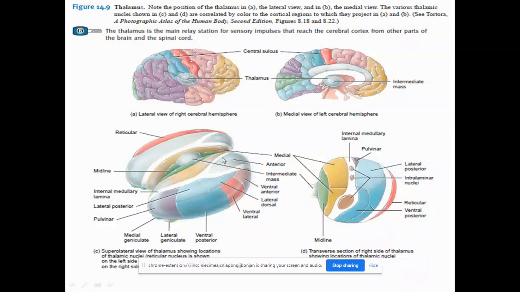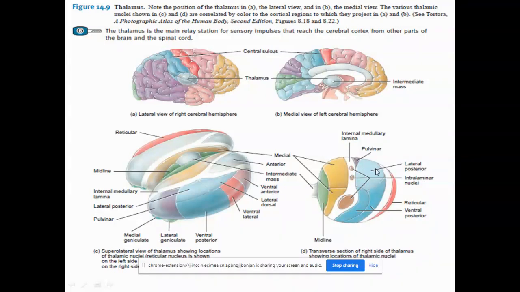The yellow colored ones are the medial regions, and here you can see the internal medullary lamina, the Y-shaped white matter. Inside the white matter you can see many nuclei. These are called the intralaminar nuclei.